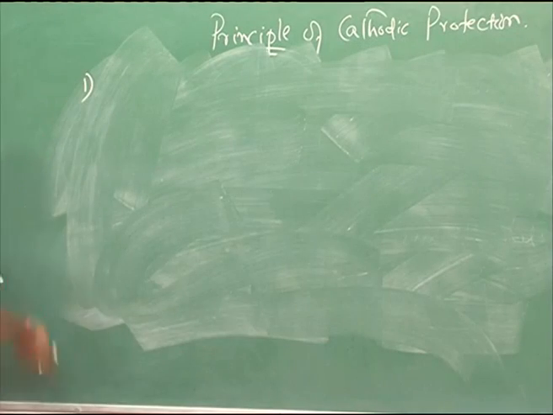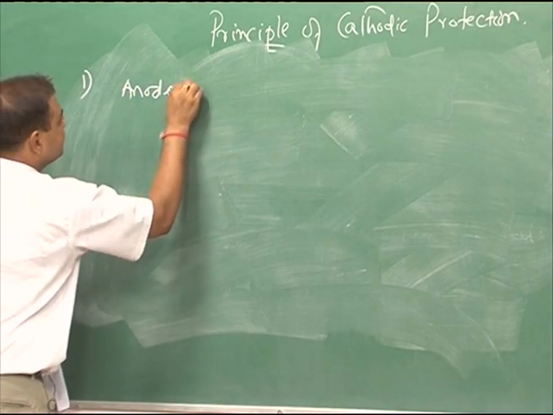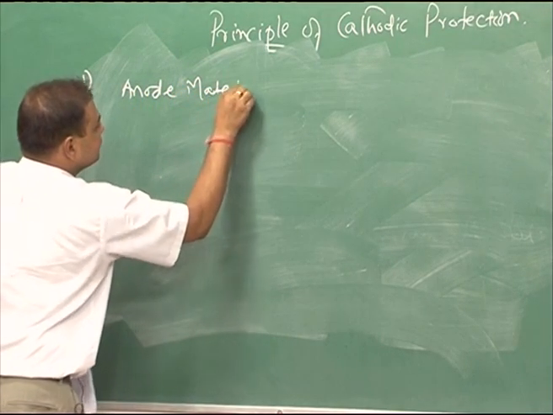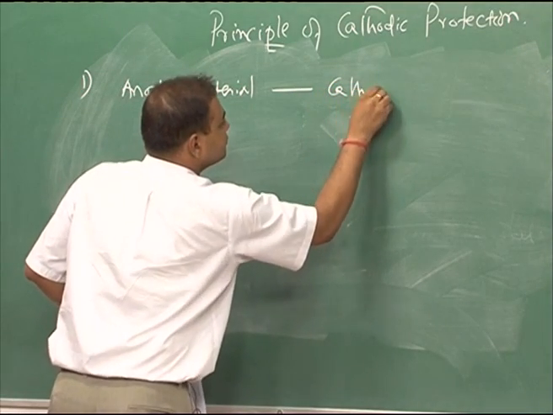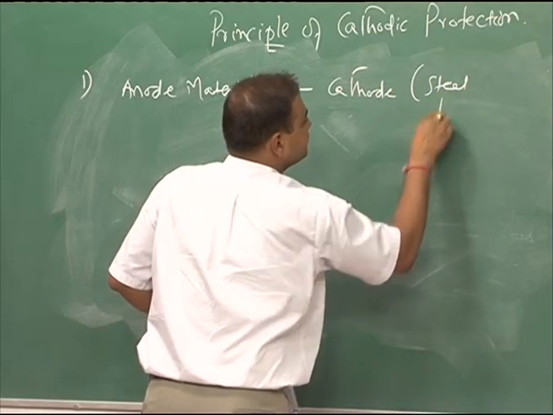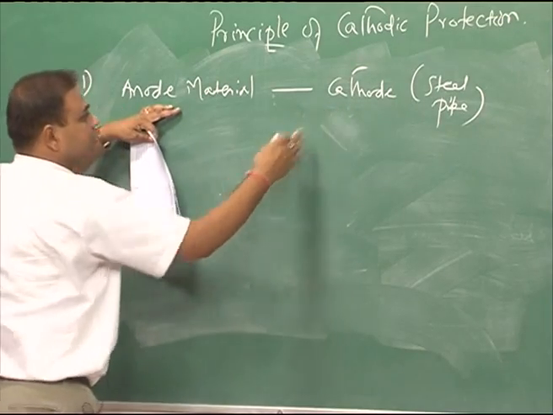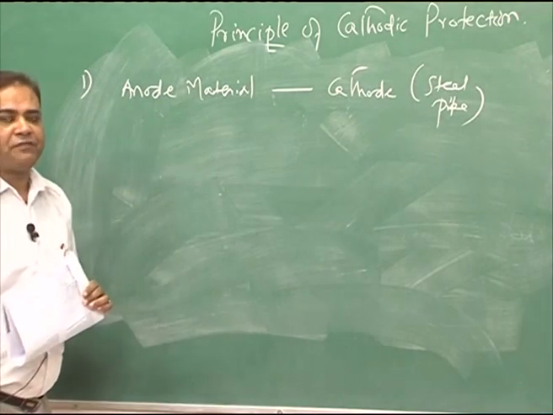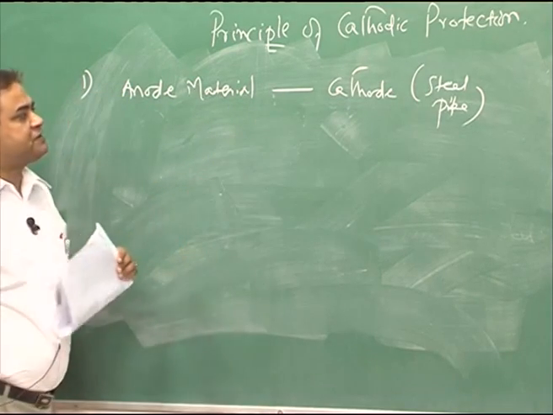One thing is the anode material and the cathode material, which is the steel pipe. There should be sufficient potential difference between these two.